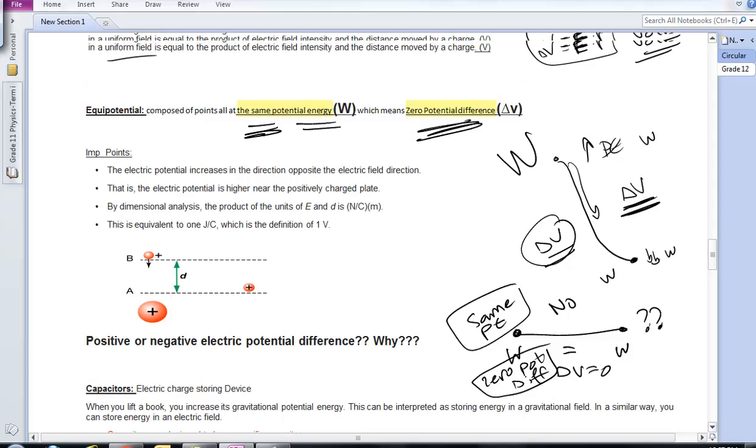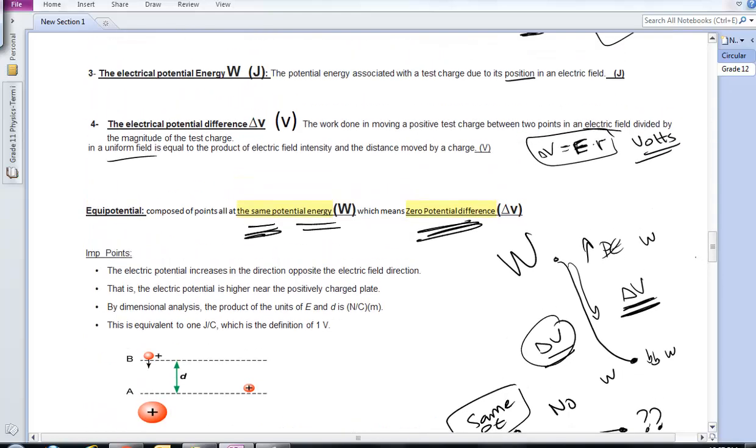So this is the meaning of the equipotential. Equipotential means points that have the same potential energy but zero potential difference, because the potential energy is the same between the 2 points. So if you take the delta, or the difference, you'll find that it is zero potential difference.